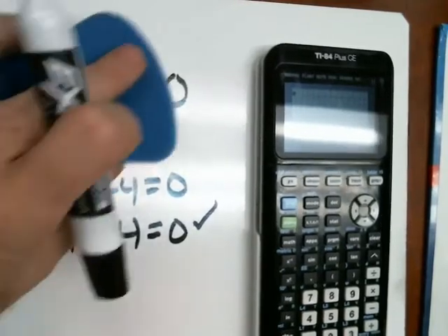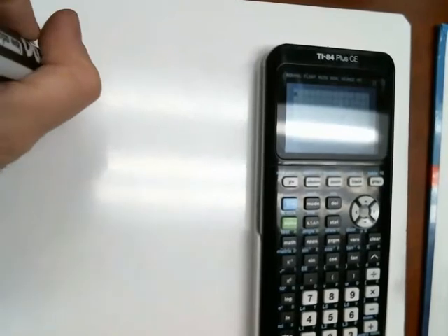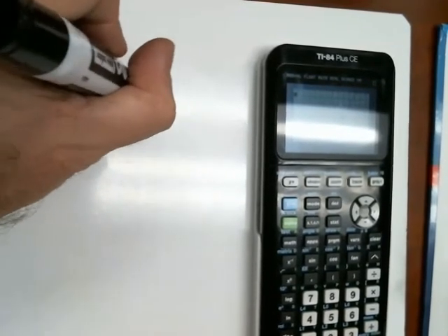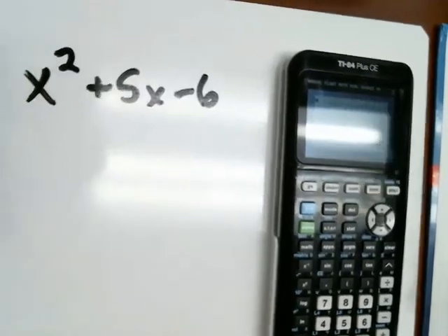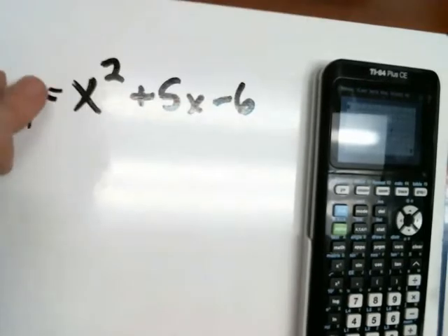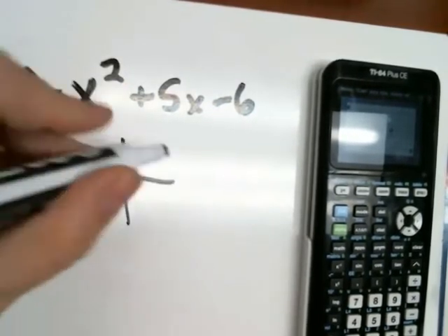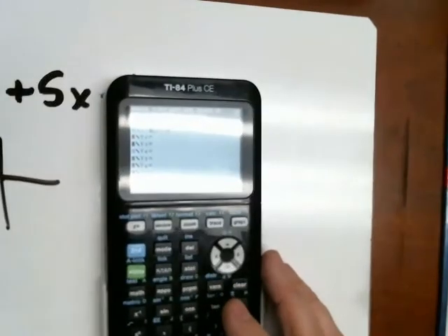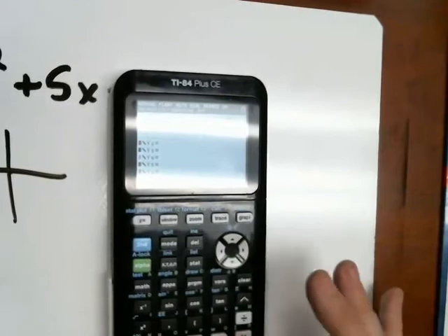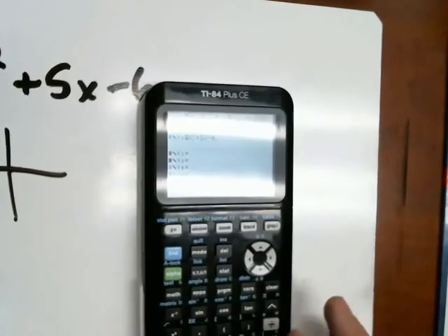It's probably more important when you have a parabola. Let's say we take something like x squared plus 5x minus 6. And maybe we want to start with y equals, but we really care about when y equals 0. Go ahead and type it in. I'll just replace this one, x squared plus 5x minus 6.